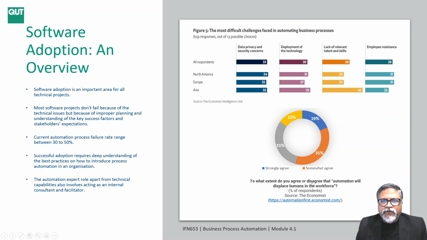Another piece of information from the Economist, which was a survey done again in 2021, states: to what extent do you agree or disagree that automation will replace humans in the workforce? If you look here, 19 and 35% agree that automation will replace humans in the workforce. So 54% believe that automation will replace humans in the workforce, and this is a common issue.